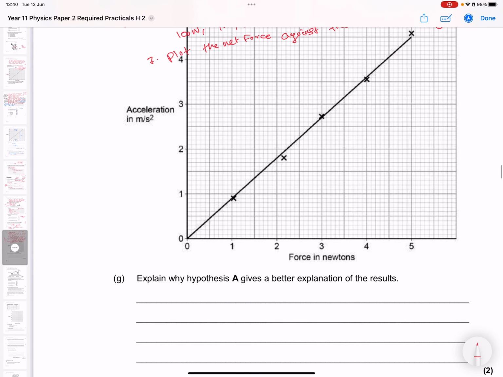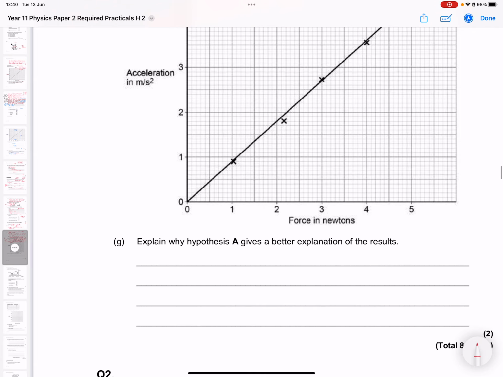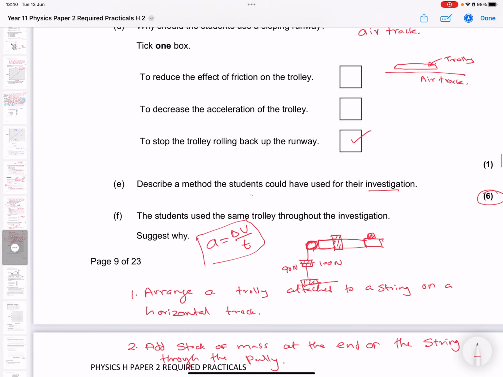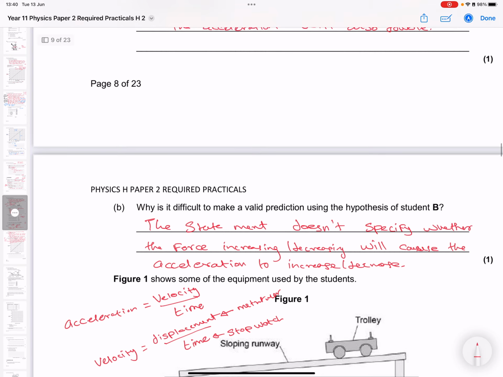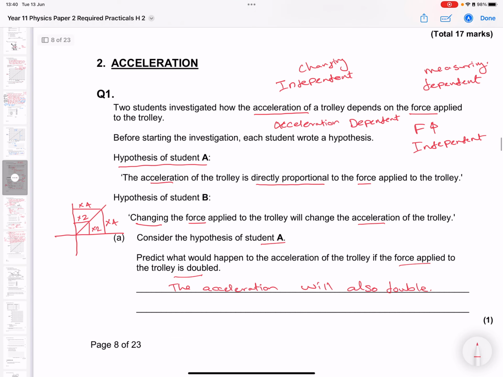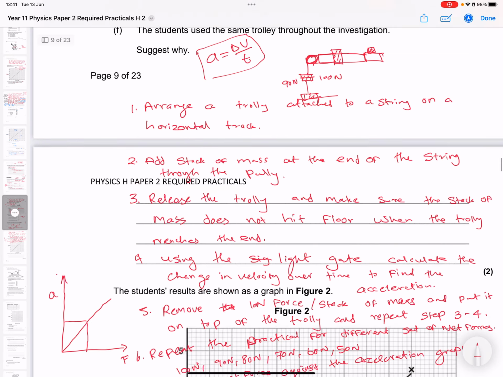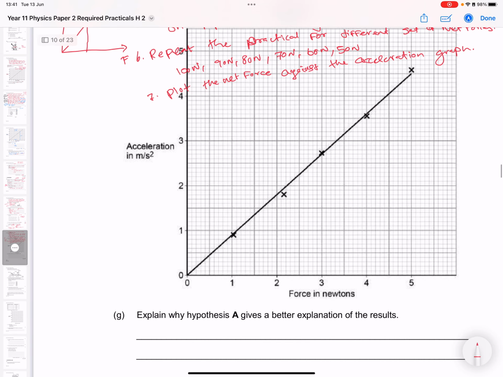Okay, so explain why hypothesis A gives a better explanation of the result. Hypothesis A, student A says the acceleration of the trolley is directly proportional to the force applied to the trolley. So that is better because the result gives a straight line that passes through the origin. So the result, if you can see, is a straight line.